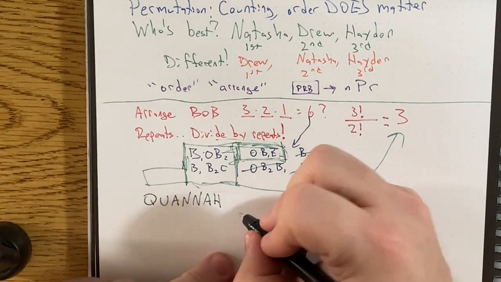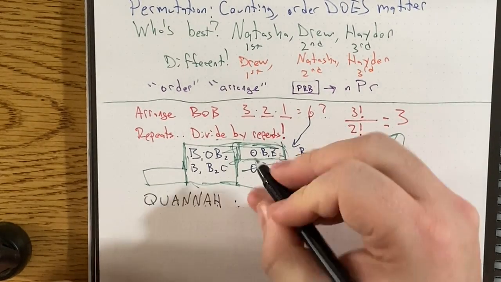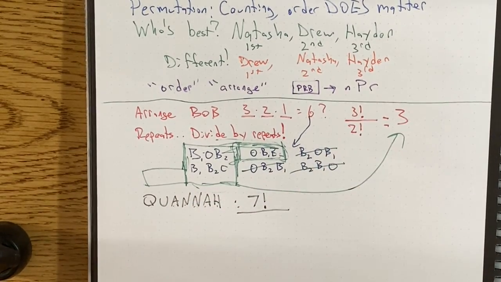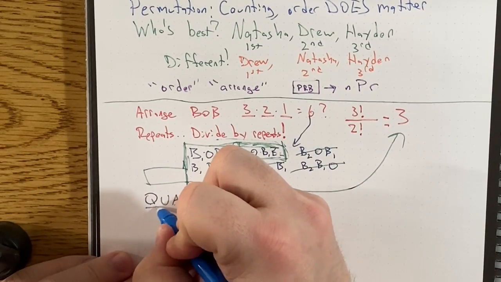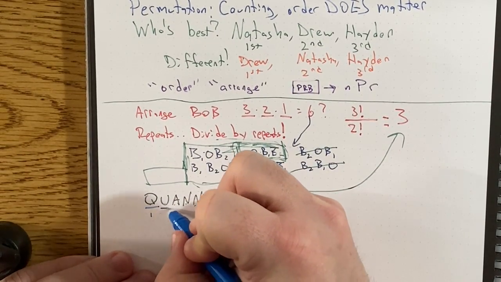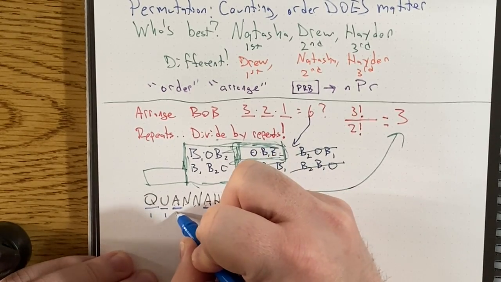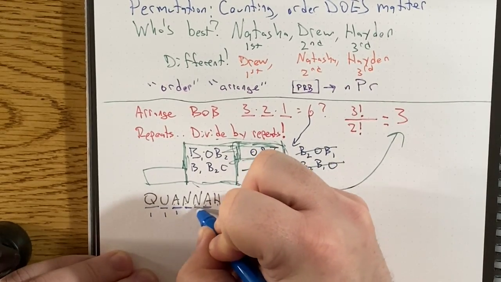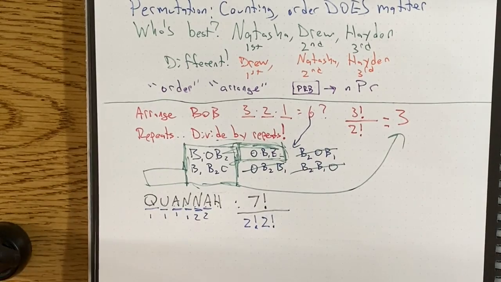We would count the letters: 1, 2, 3, 4, 5, 6, 7. 7 factorial. And now we're going to look to see if there's any repeats. There's only one. 1, 2. So we're going to divide by 2 factorial, 1, 2, and another 2 factorial.